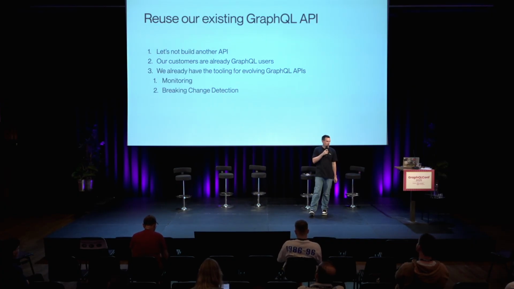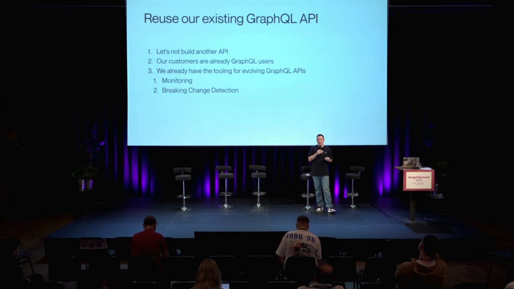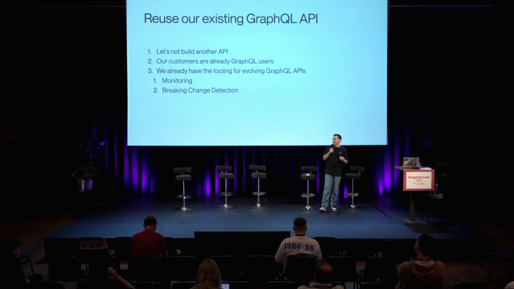And on top of that, our customers were actually GraphQL users, because we're building a product for GraphQL. So they use GraphQL every day. So if we would give them a GraphQL API, they would, at least to some extent, be already familiar with using GraphQL. And as I said before, we already kind of had the tool for evolving a GraphQL API, specifically for monitoring how the API is used, and then the breaking change detection.